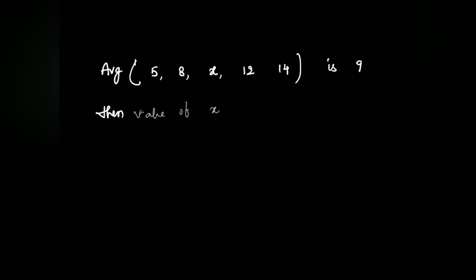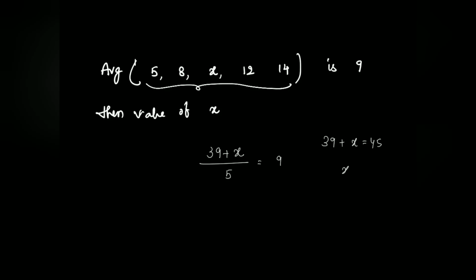What we simply do is, we take 5 plus 8 plus x plus 12 plus 14, we will do the sum. 5 plus 8 is 13, 12 plus 14 is 26, 26 plus 13 is 39. So I am doing the sum of observations here, 39 plus x, by the number of observations, there are 5 observations, is equal to 9. So 39 plus x is equal to 45. Now x is equal to 6.